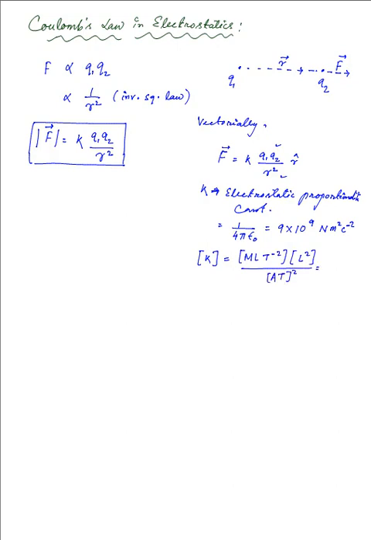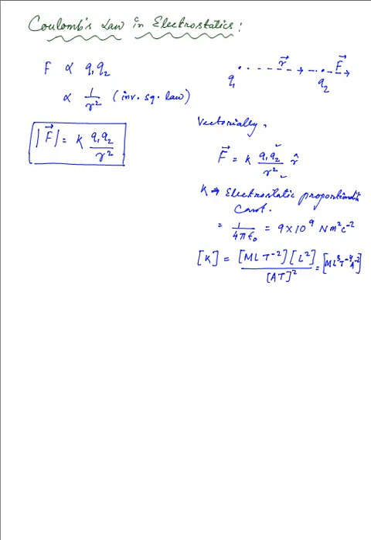So this results in M L cubed T raised to the power minus 4 A raised to the power minus 2. That's the dimension of the constant term over there. And we will see, as I said, how that value came up, but that's to be discussed later.